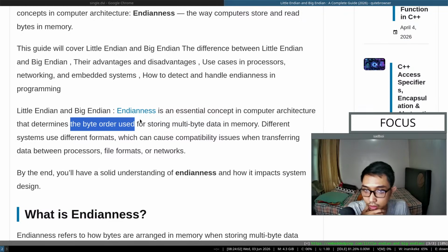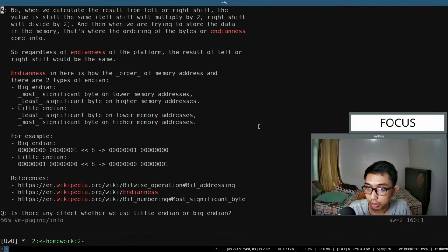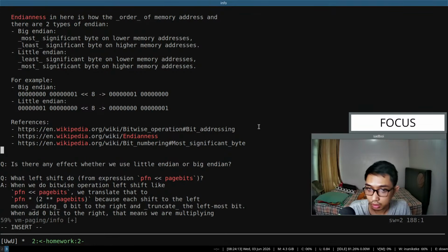The byte order used for storing multi-byte data in memory. Oh, wait. Let me put this in here too. Okay.